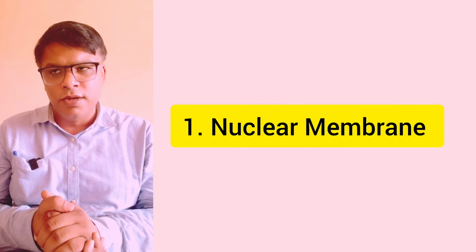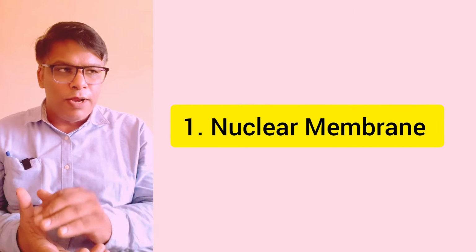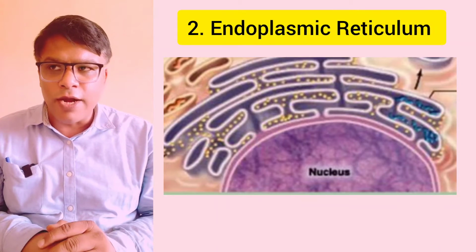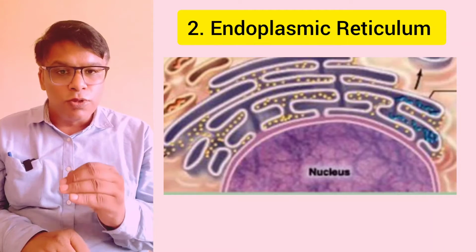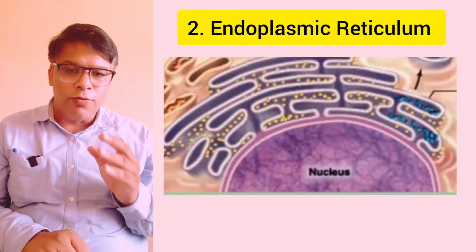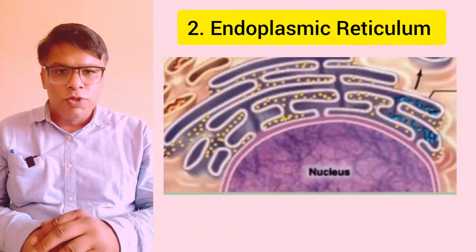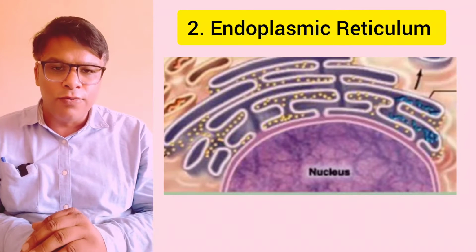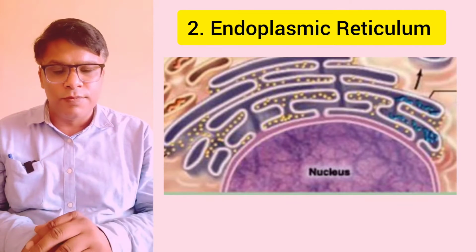It is in direct contact with the endoplasmic reticulum. Hopefully you know there are two types: smooth endoplasmic reticulum and rough endoplasmic reticulum. So the ER membranes are in contact with the membranes of the nuclear envelope.